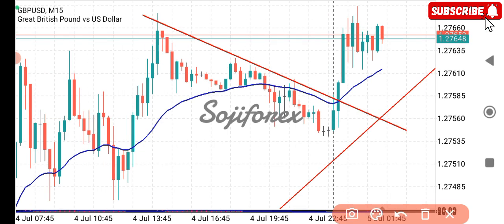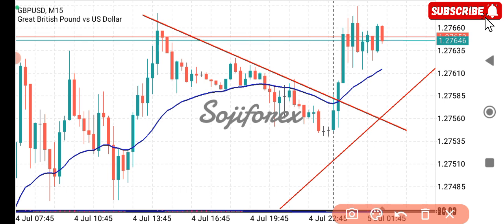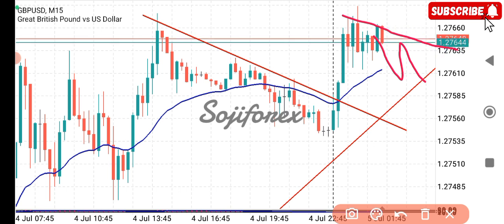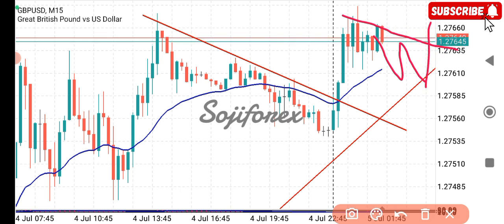So if I were here earlier, this would have been my entry for a buy, and my stop loss is here. But since we have missed this, what I want to see now, I want to see price move all the way down. And I have my trend line connected to it. I want to see it break out of it for me to have my buy.